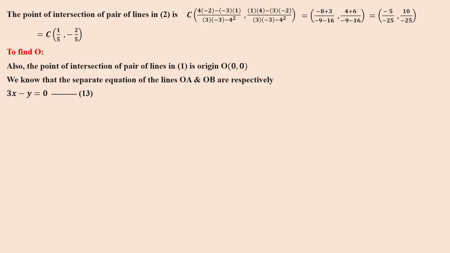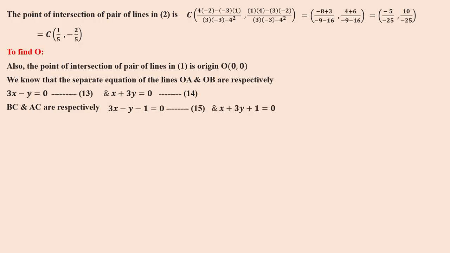We know that the separate equations of the lines OA and OB are respectively 3x minus y equal to 0 and x plus 3y equal to 0. BC and AC are 3x minus y minus 1 equal to 0 and x plus 3y plus 1 equal to 0. To find B, the point of intersection of 14 and 15, these two lines, B is 3 by 10 comma minus 1 by 10.